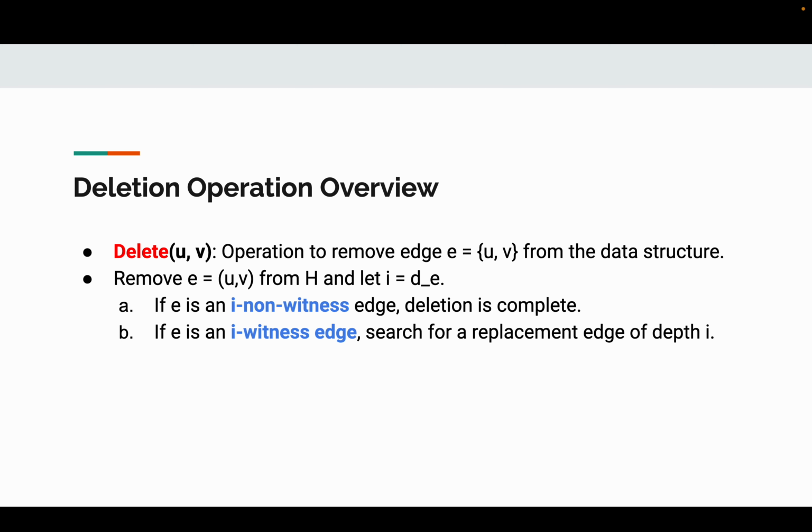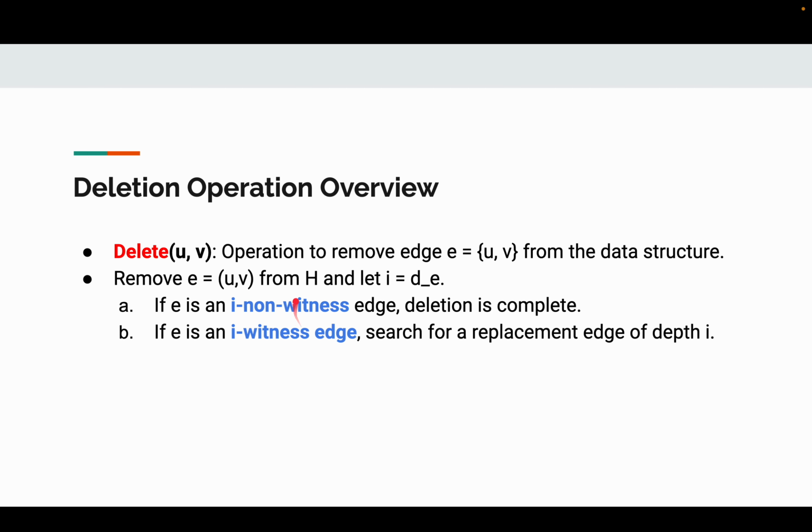The complexity of a deletion process really depends on whether the edge e is an i-witness or an i-non-witness edge. It just means whether this edge belongs to the spanning tree or not. If e is an i-non-witness, its removal does not affect the connectivity of the i-component, and thus the deletion process is straightforward and complete.